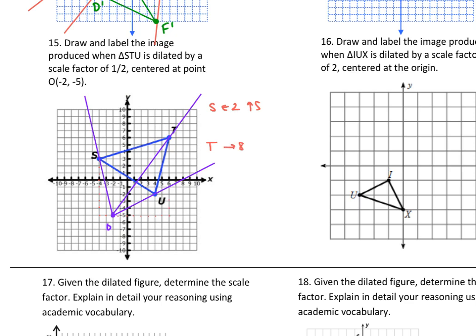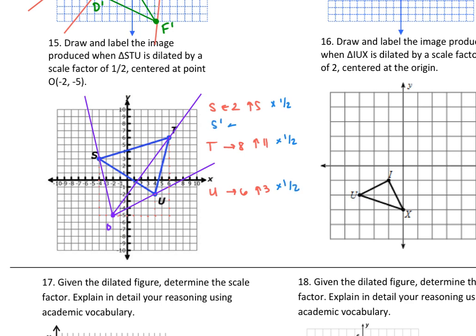And I go up 1, 2, 3, 4, 5, 6, 7, 8, 9, 10, 11. And then U, I go right 1, 2, 3, 4, 5, 6. And then I go up 1, 2, 3. So using a scale factor of 1/2, I'm going to multiply each of these by 1/2. And that's going to give me my new points.